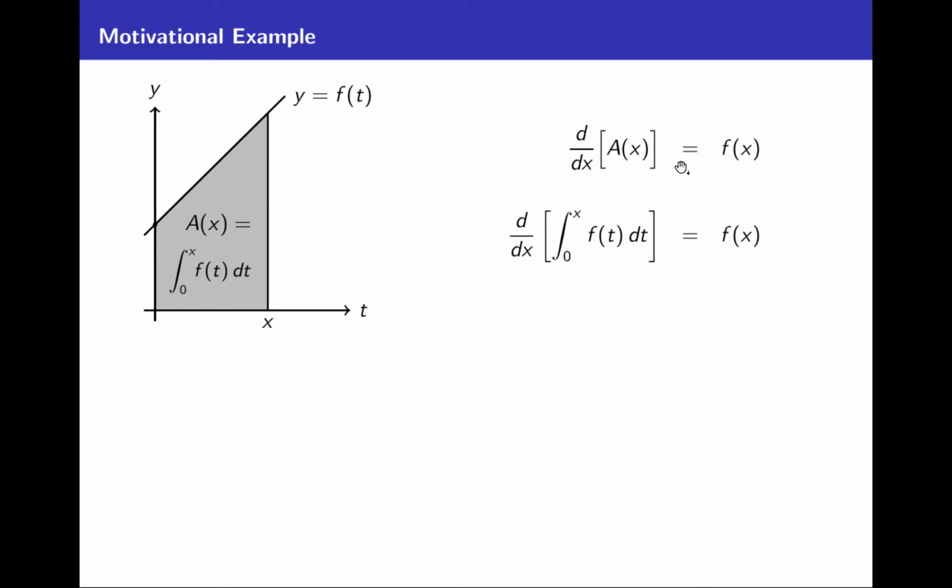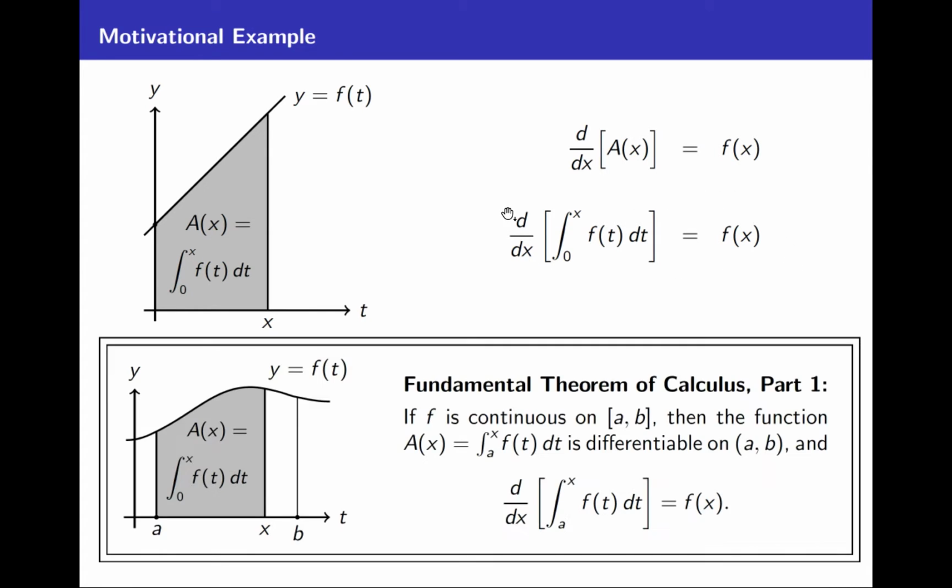So it's just a different way of writing what we had in the previous line. But I'm writing it this way because the statement that you see here is our first formulation of the fundamental theorem of calculus. This is called the fundamental theorem of calculus, part 1.